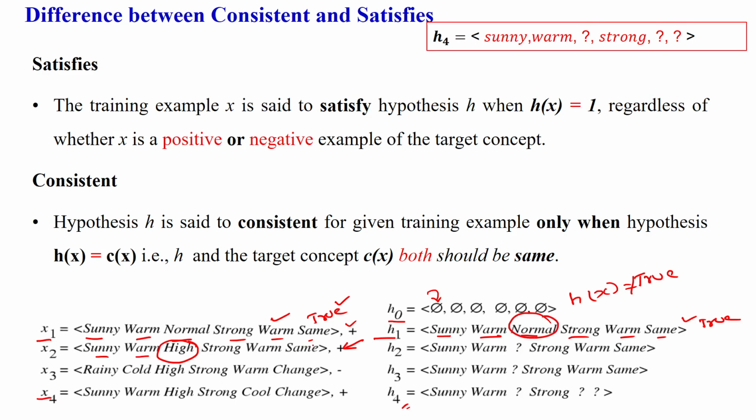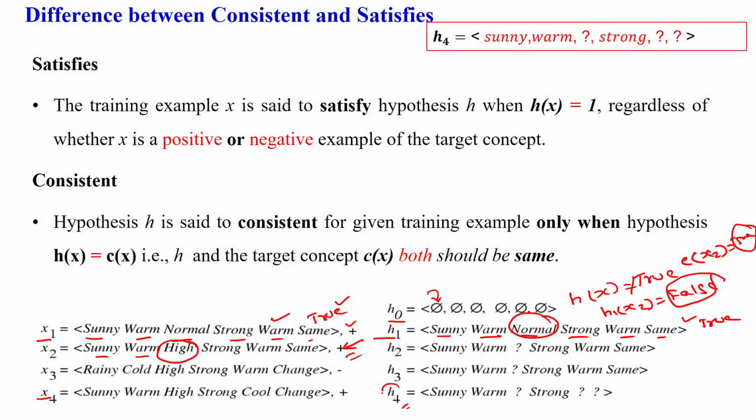So h1 of x2 is false, but c of x2 is true. So both are contradictory values, which is not consistent.